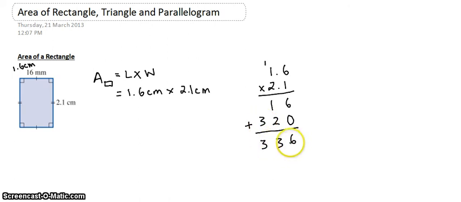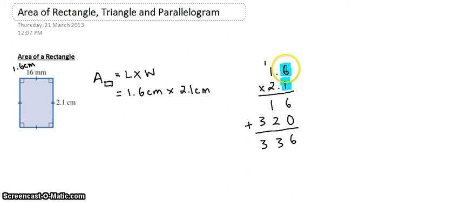So here, in order to know where the decimal point is, we need to look at how many numbers are on the right-hand side of the decimal point. So we have one number here that's on the right-hand side of the decimal point, and we have another number there that is also on the right-hand side of the decimal point.